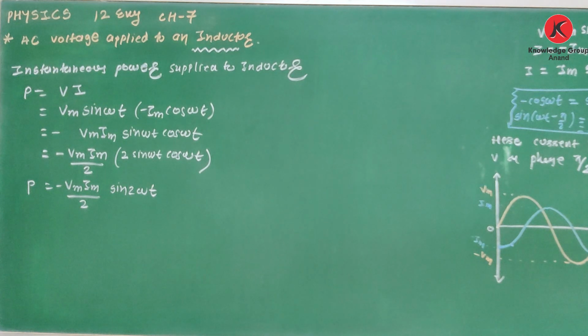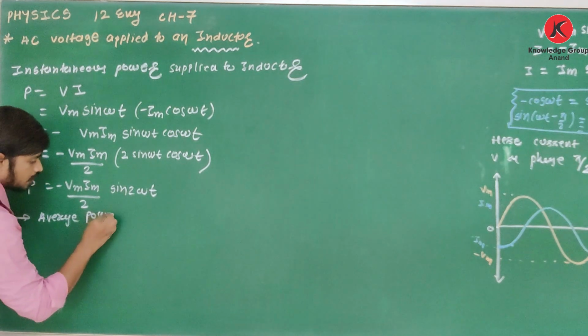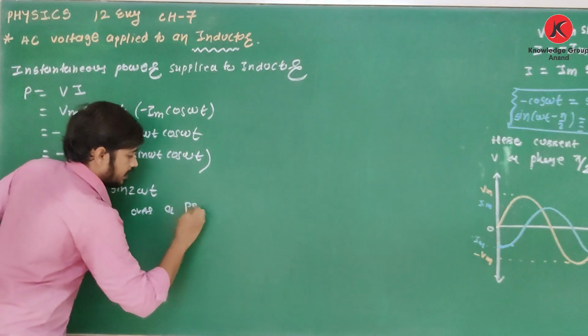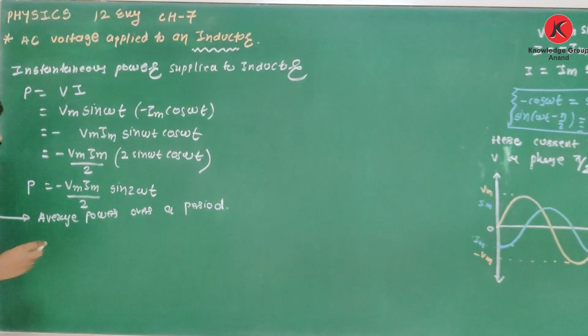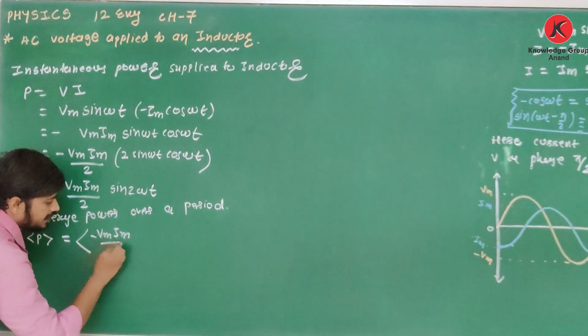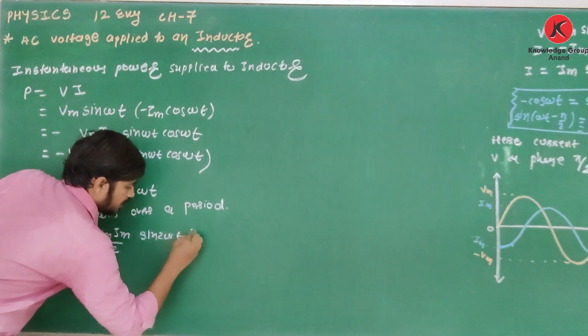Now what about average power? Average power over a period. P is equal to the average of minus Vm Im divided by 2 sin 2 omega t.